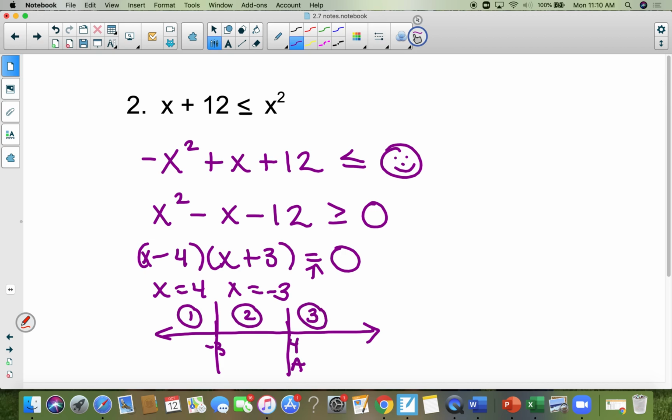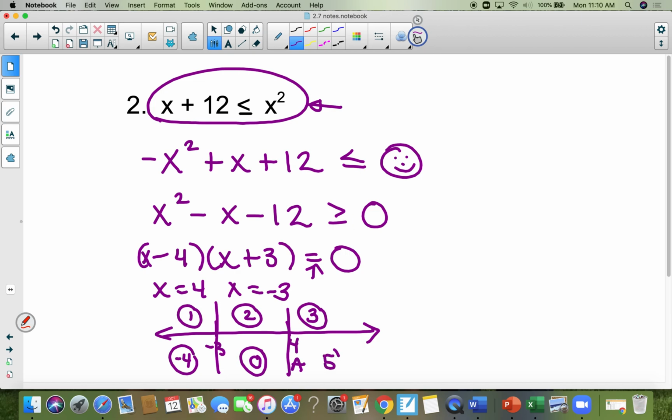And you have to put it back up into the original problem. And a number less than a -3, I'm going to try a -4 back up on top. I'm going to try 0 back up on top. And I'm going to try the number 5. Again, those 3 circled numbers lie in those zones.